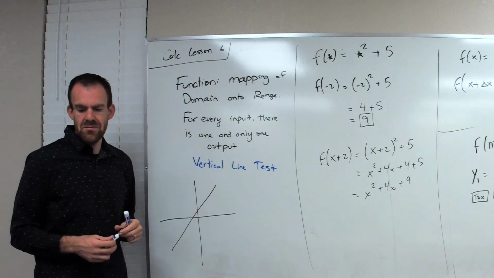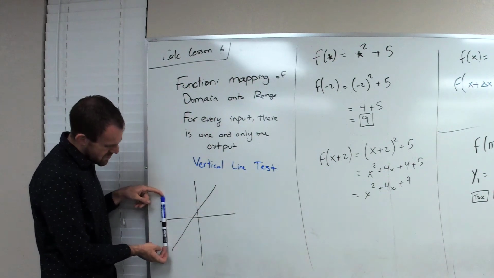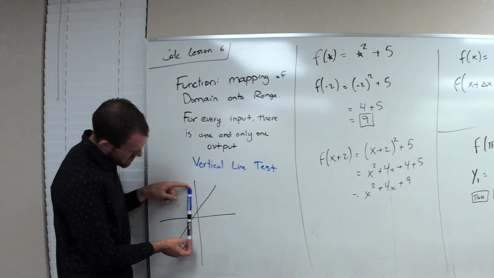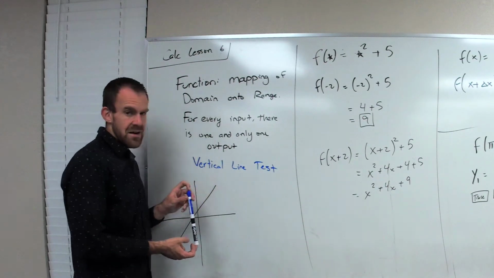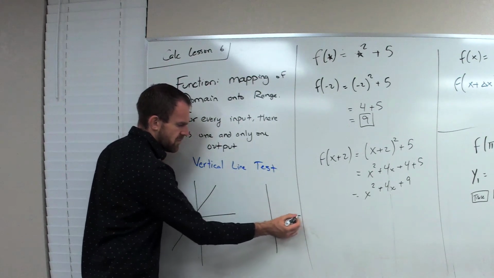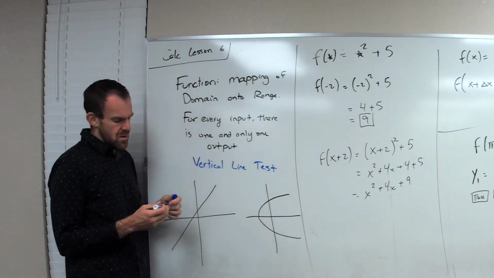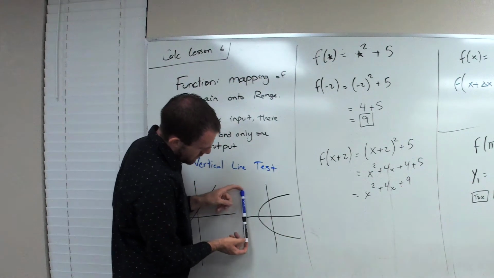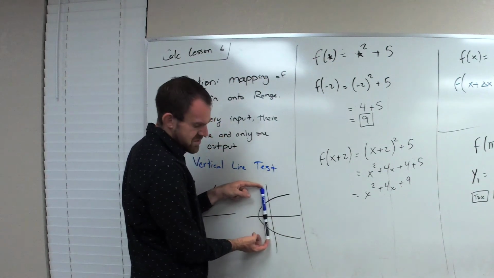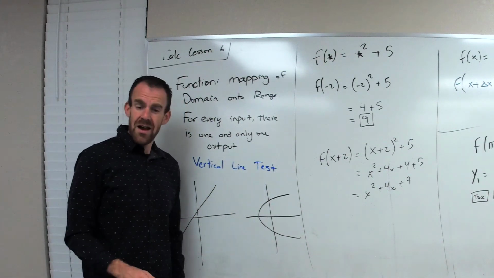Is that a function? Well, what I'm going to do is I'm going to take a vertical line and sweep across. If it only touches my function at one place at any given time, then it's a function. But here, this guy fails the vertical line test and is not a function because somewhere along the way, it touches my vertical line twice. I dropped that.